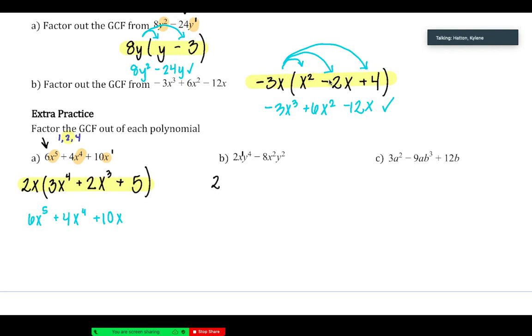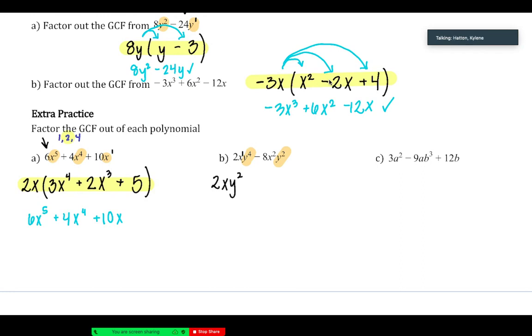If I'm looking at what x's I can pull out, this is x to the first power and x squared, so I can only pull out the lowest of those two. So I can pull out an x to the first power. And then for my y's, I have a y to the fourth power and a y squared. I can only pull out the lowest of those two, so I can pull out a y squared. That's because y squared is automatically a factor of y to the fourth, but it doesn't work the other way around.